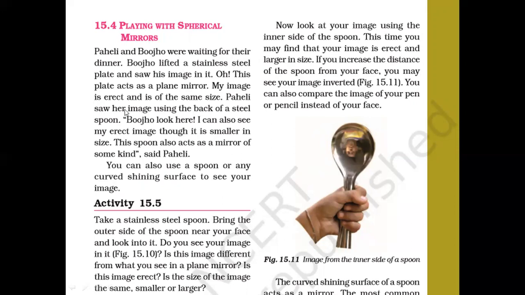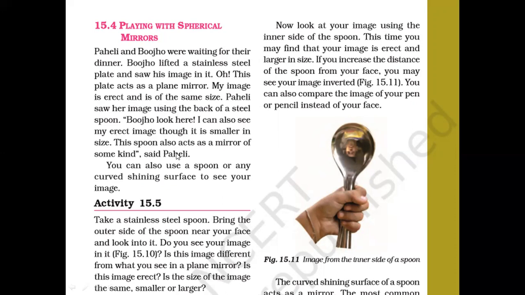Paheli saw her image using the back of a steel spoon. Bujo, look here. I can also see my image erect, though it is smaller in size. This spoon also acts as a mirror of some kind, said Paheli.